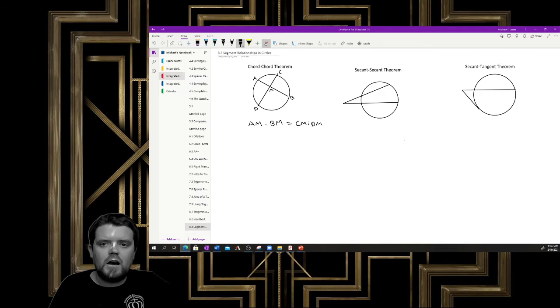Okay. So for this first theorem, knowing this relationship, I could give you the measure of 3 of these and then ask you for the measure of the 4th.